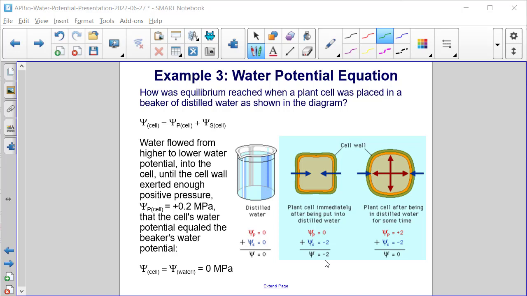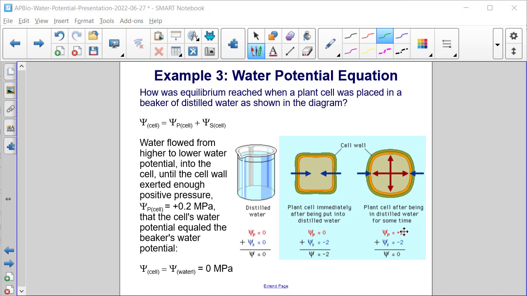When the water flows into the cell, the pressure potential in the cell increases. So the cell wall is exerting pressure until we get to the same positive pressure potential of plus 0.2 megapascals, that the cell's water potential equaled the beaker's water potential.